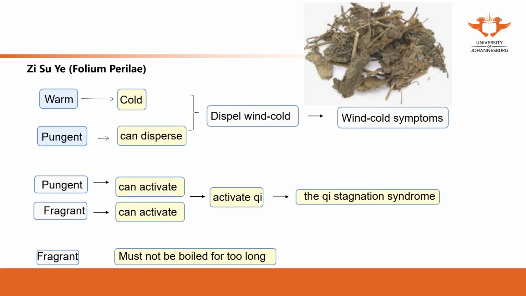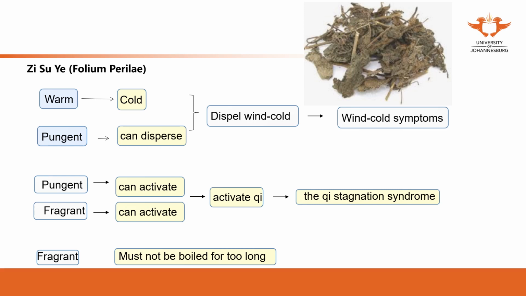Also because of the fragrance, when we prepare the herb, we don't cook for too long. This herb is very interesting. The leaf, the stem, and the seeds have different functions. The leaf we have discussed here can be used for wind cold syndrome, can dispel the wind cold, and also can activate the qi.